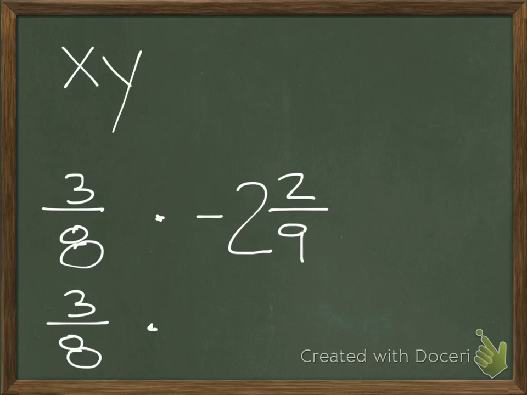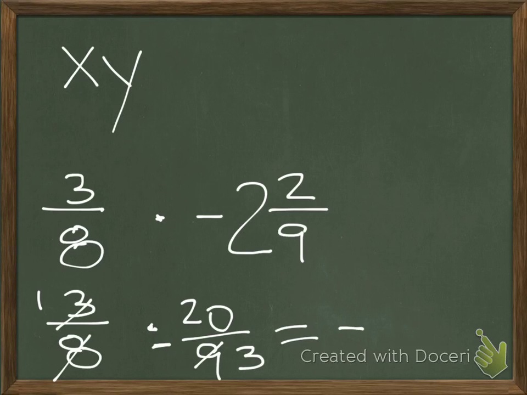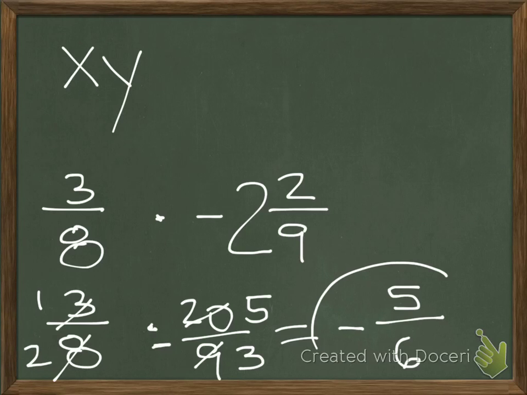So 2 times 9 would be 18, plus 2 is 20/9, and that was negative. Now I have 1 negative and 1 positive, and I'm multiplying, so my answer is going to have to be negative. I can simplify before I start by divide by 3, divide by 3, divide by 4, divide by 4, and I'm left with 5 times 1 is 5, 2 times 3 is 6, and it was negative, so my answer is negative 5/6.